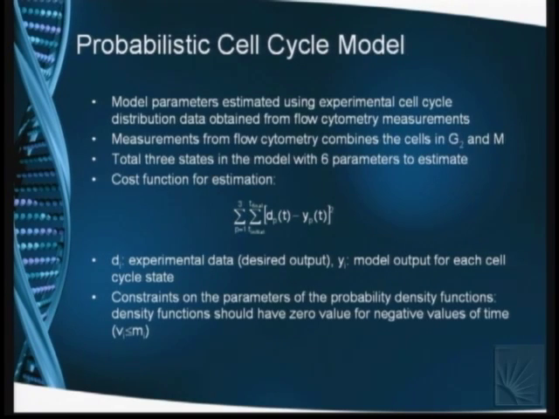So 3 states would mean 6 parameters, 2 for each of the state jumps of the probability density functions that I showed before. And we have used the sum of squares cost function. There's only one constraint on the parameters of these probability density functions, and that is density functions should have 0 values for negative time.